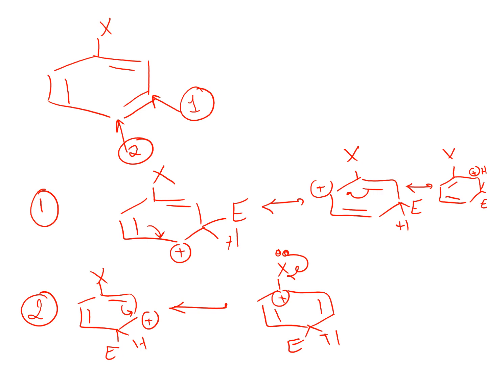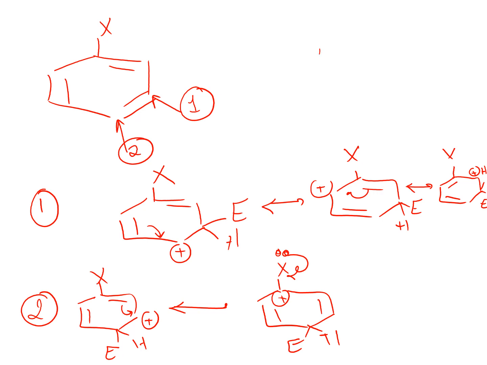place a charge on the meta position during a resonance. If you are performing a resonance related to a specific group, you will never be able to place a charge on its meta position. It always places the charges on the ortho and para positions. This is because you are always jumping atom number 2 in a resonance.